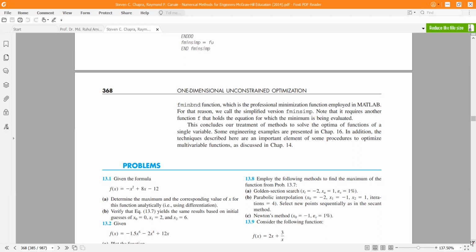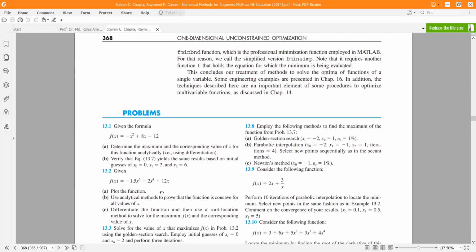If we have this function with us, you can easily get a guess of how your function will reach its maximum. Okay, but it can also be determined analytically. Can we determine analytically? Yes, sir. We can easily determine analytically. Then we can prove it by our numerical method that things are working. But if you go to problem 13.2, you see that that is not that simple, isn't it?